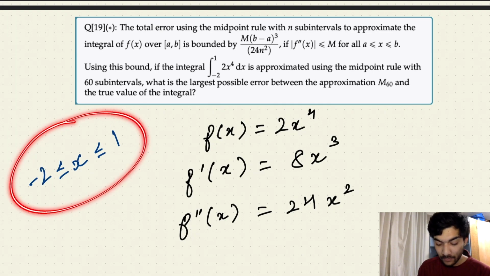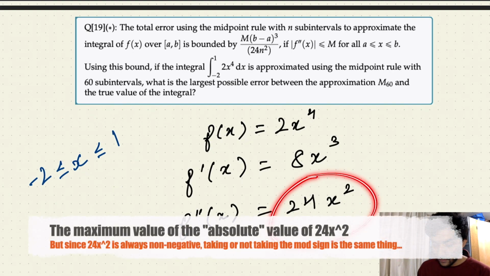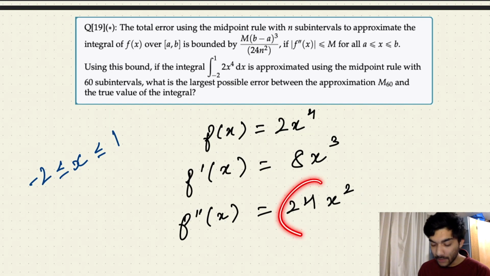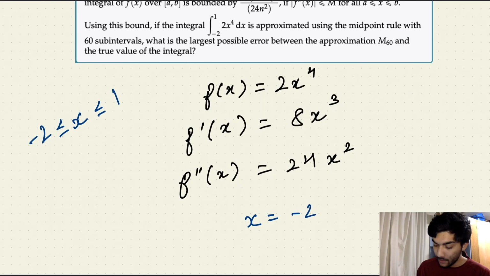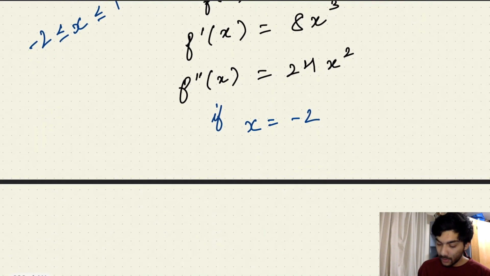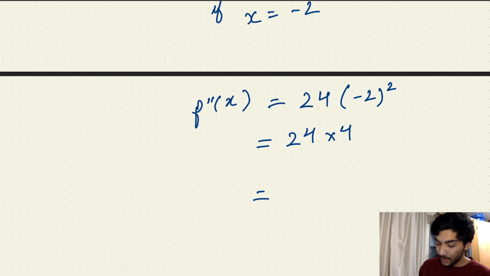Based on the values of x in this interval, we have to calculate the maximum value of this expression. Clearly, if you plug in x equals -2, you'll get the maximum value. So if x is equal to -2, f double dash x is equal to 24 times (-2) whole squared, which is 24 times 4, and that is 96.